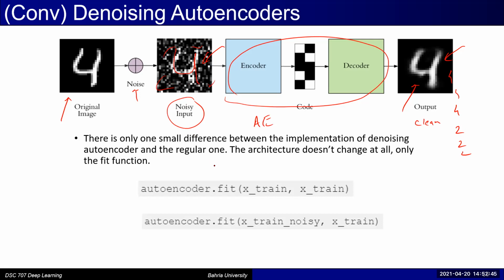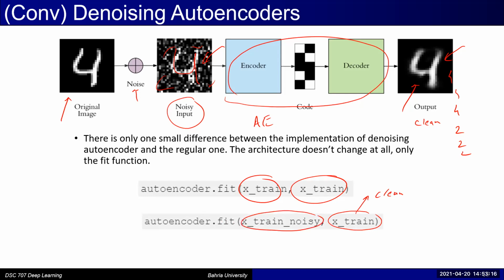And now you see, the only thing you will change when training the model is that previously, we were saying model.fit and we were feeding it whatever is the image and the same thing as an output. This was what we were doing previously. Now we want the original clean image as target, but the input is actually the noisy image.